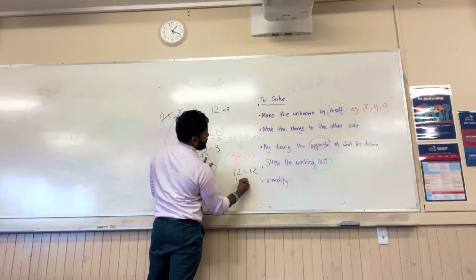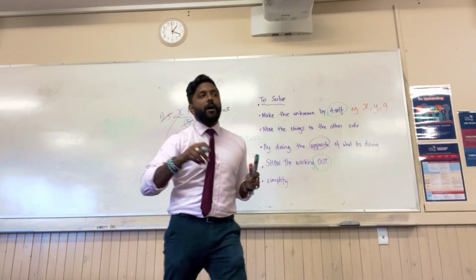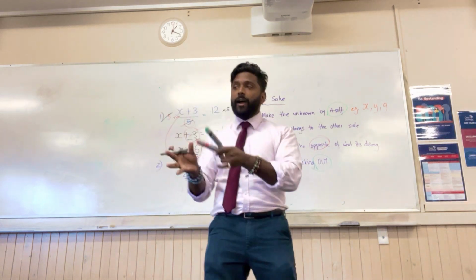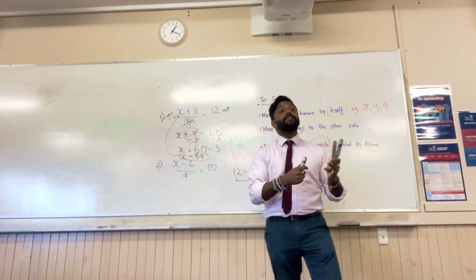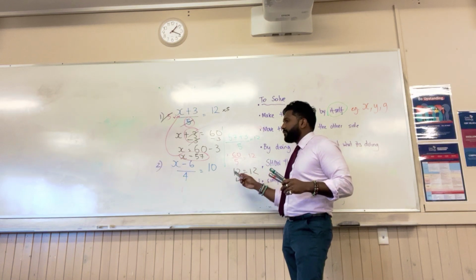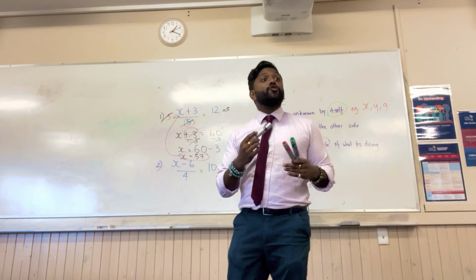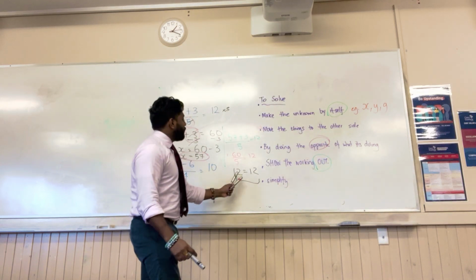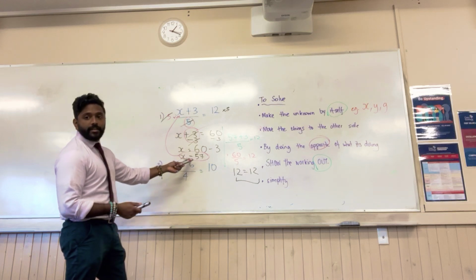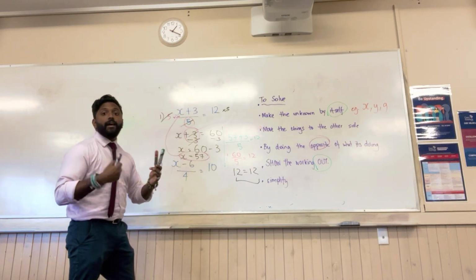So 12 is equal to 12. That's what it means by equation. Whatever's on the left-hand side and whatever's on the right-hand side, they must equal each other. If you got a random number like 11 is equal to 12, 11 does not equal 12. 12 must equal 12. That's how you check it. So once you get your answer, plug it back in and you can check that.